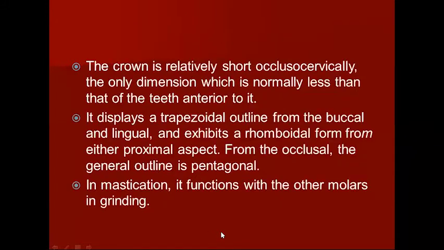The crown is relatively short occlusocervically, the only dimension which is normally less than that of the teeth anterior to it. It displays a trapezoidal outline from the buccal and lingual, and exhibits a rhomboidal form from either proximal aspect. From the occlusal, the general outline is pentagonal. In mastication, it functions with the other molars in grinding.